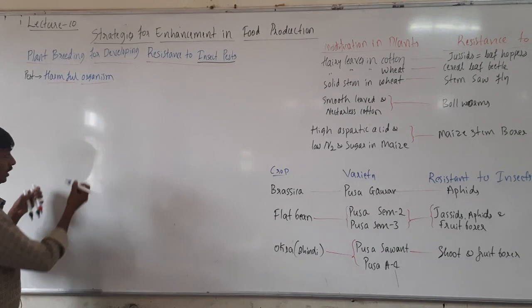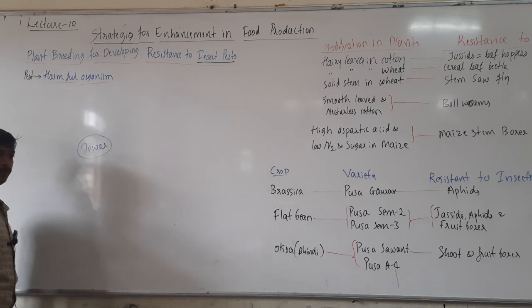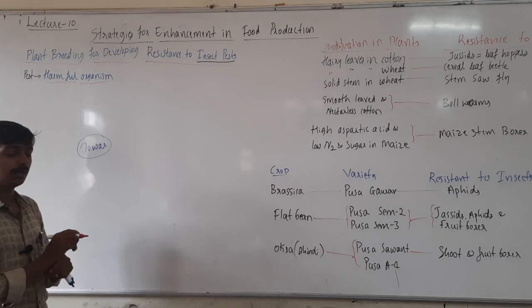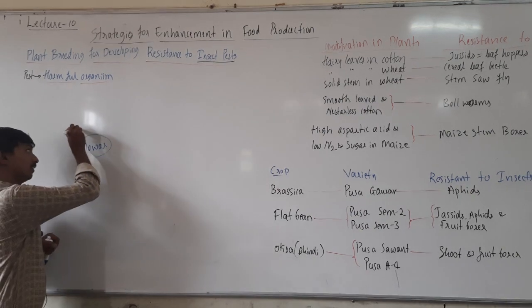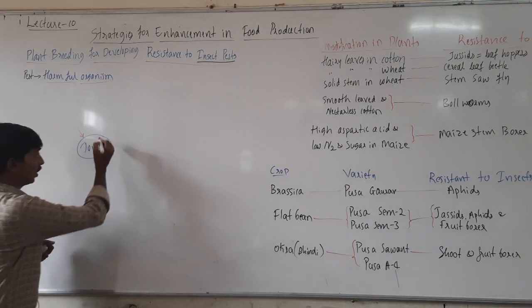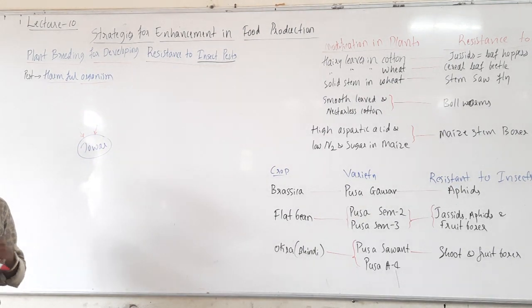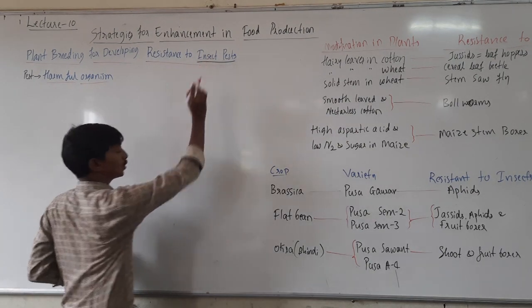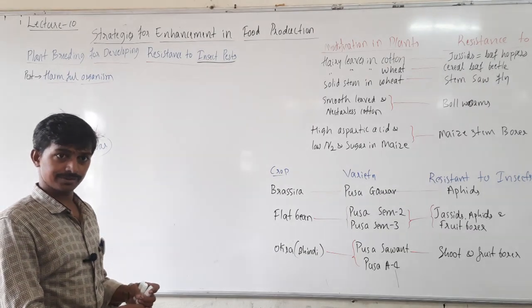So, I am growing jowar in our field. Whichever organism affects the jowar plant is called a pest. Either bacteria are affecting the jowar, then bacteria are the pest, or a virus is affecting the jowar, then the virus is the pest, or some insects are attacking the jowar plant, then insects are also called pests, right.